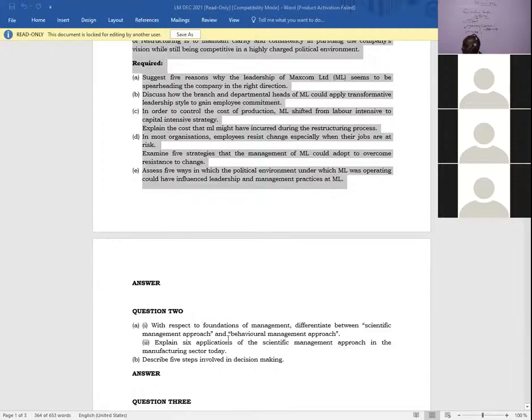Differentiate between scientific management approach and a behavioral management approach. Explain 6 applications of the scientific management approach in the manufacturing sector today. Describe 5 steps involved in decision making.